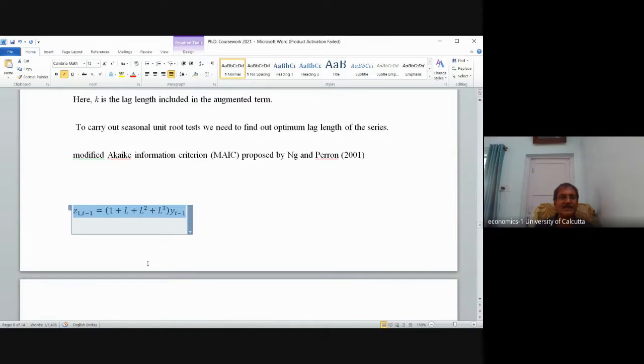What would be the similar expression for monthly series? It will move up to L to the power 11. So in that case, Z1 T minus 1 will be defined as the sum of YT minus 1, YT minus 2, in this way, YT minus 12.